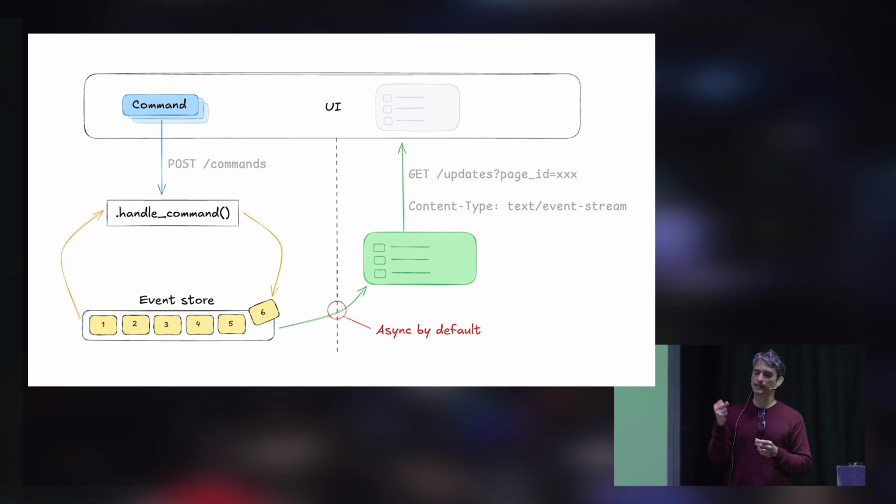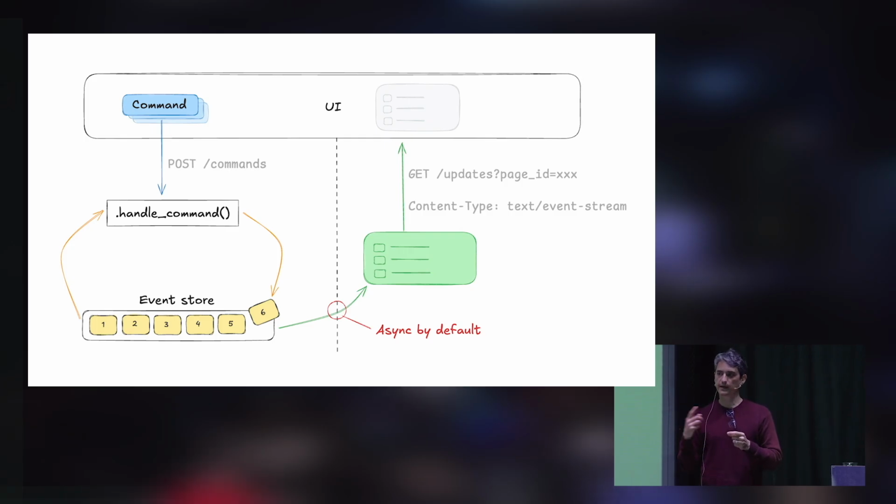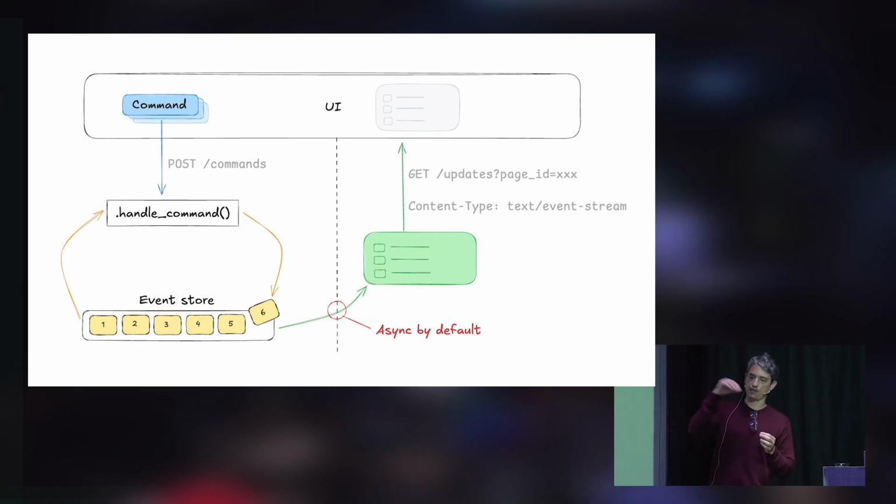That connection just sits there, connected to the particular page on the browser, listening to relevant events coming from the backend. As those events come to that web handler, it decides what bit of HTML to render and sends it back down the connection to the browser. And then the browser just merges those fragments into the UI seamlessly.